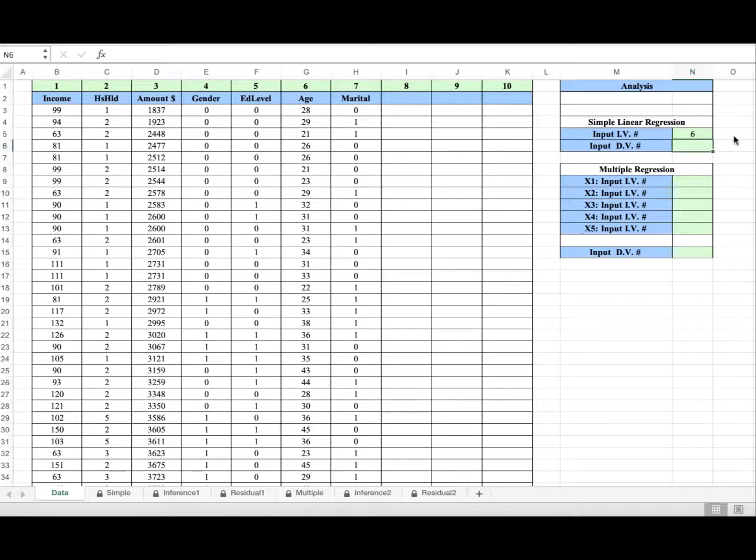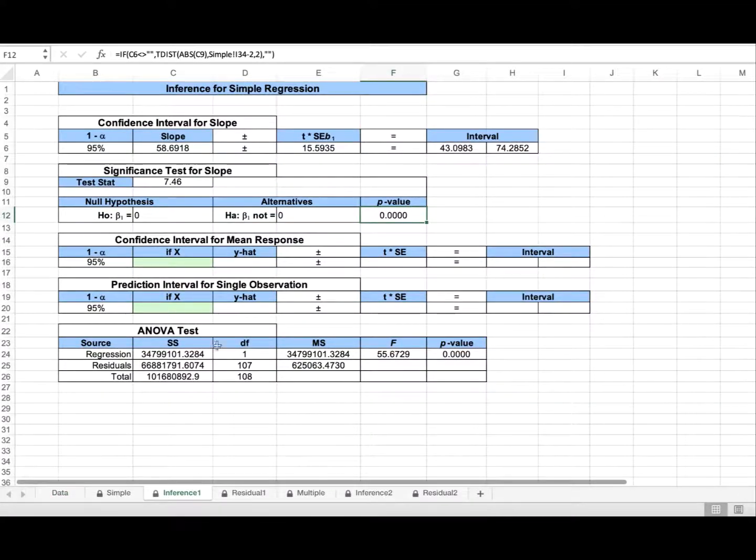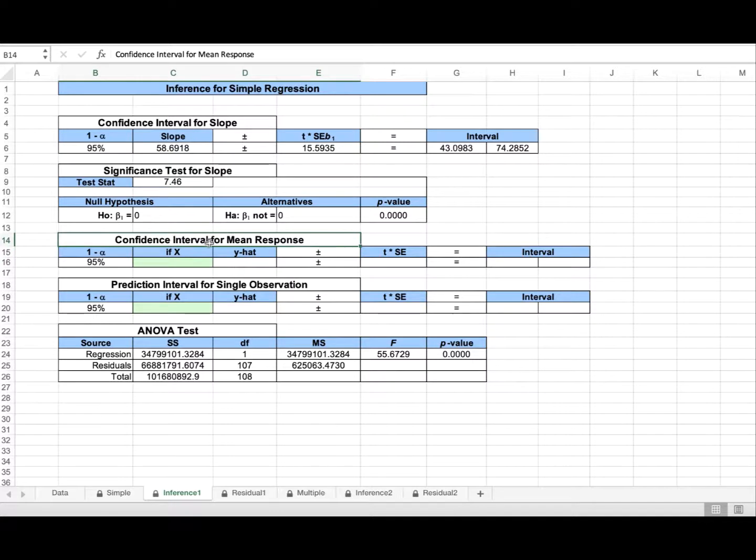Let's start with the regression of age and amount charged. The worksheet tab Inference 1 has our two forecasting tools. First, the confidence interval for a mean response. Let's input an x value of 28.